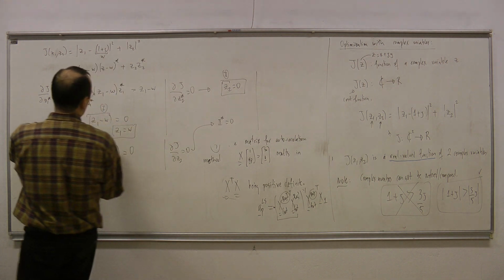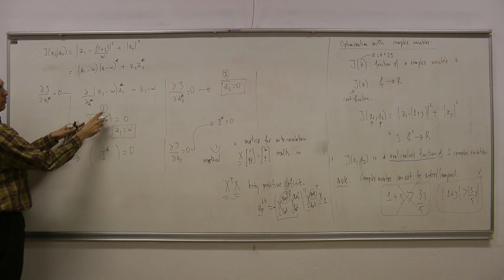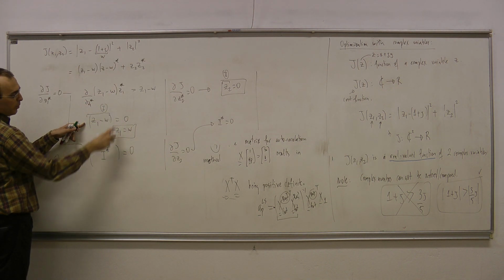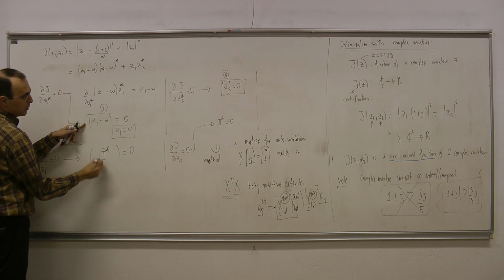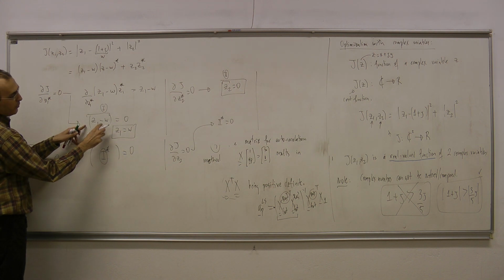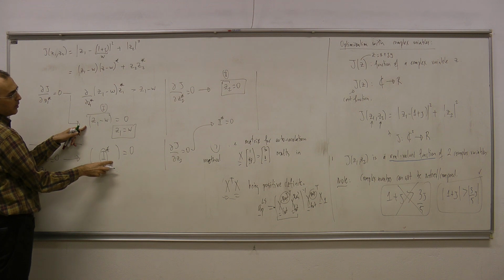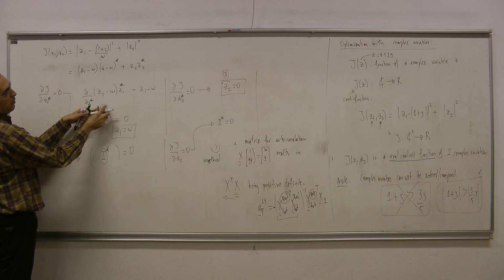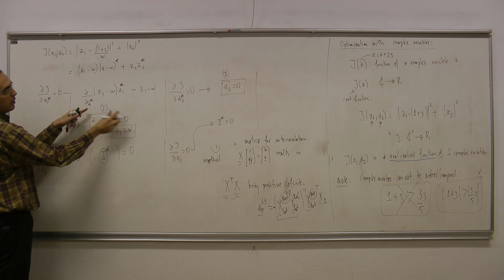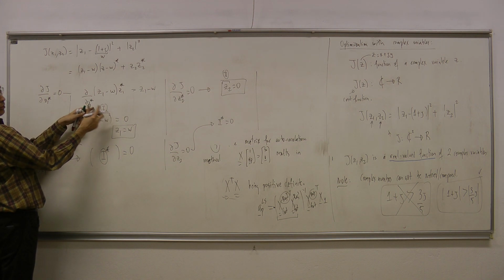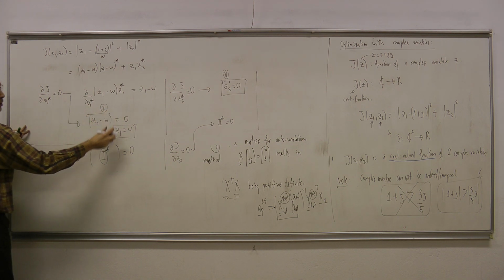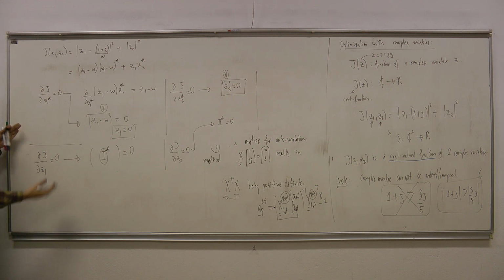Then, well, if you only know 1 is equal to 0, then automatically 1 conjugate, this is 1 conjugate. If you satisfy this, this is automatically satisfied because this is 1, Roman numeral 1 is equal to 0. Roman numeral number 1 conjugate is also equal to 0 because 0 conjugate is equal to 0.